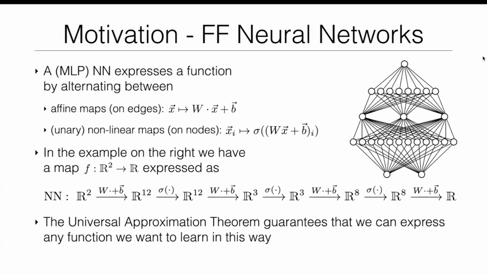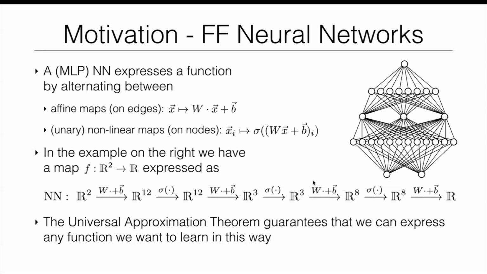Good, so this multi-layer perceptron, what it is mathematically, it's a way to express a function, and the function is composed of the parameterized map from some input vector space, let's say R^n here, to some output vector space R^m here.